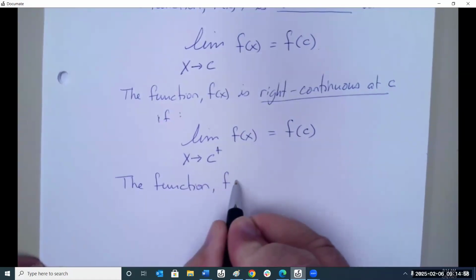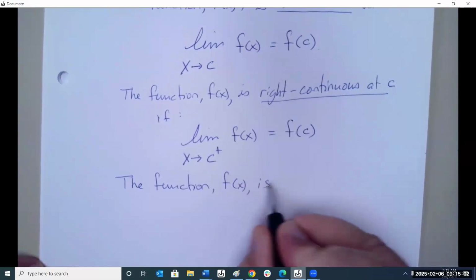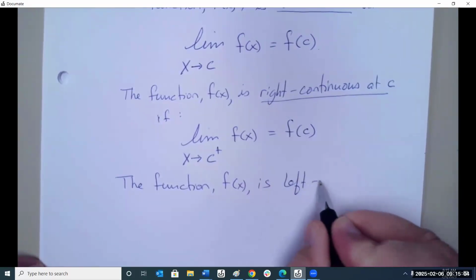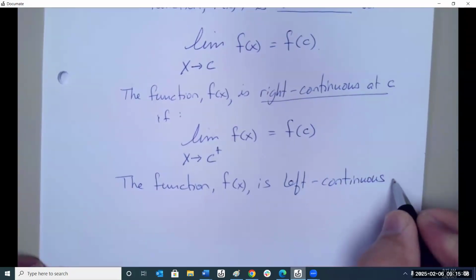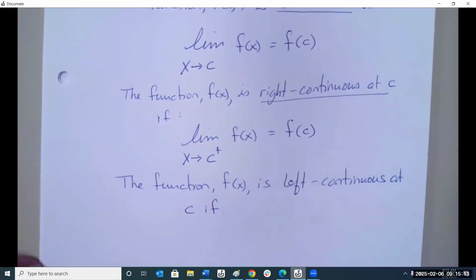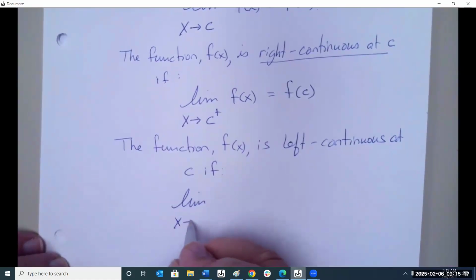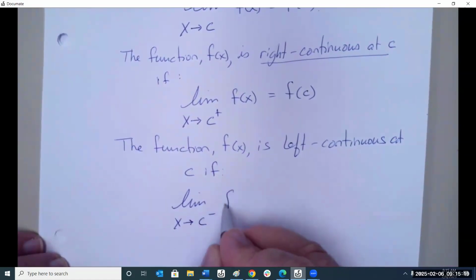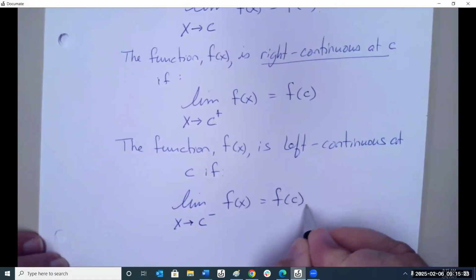The function f of x is left continuous at c if the limit as x approaches c from the left is equal to f of c.